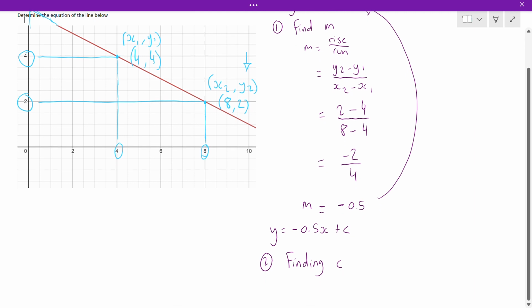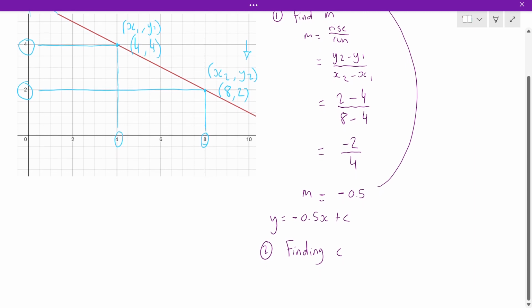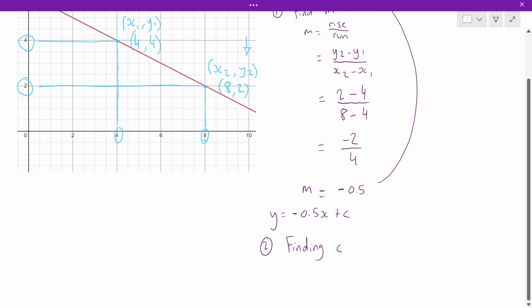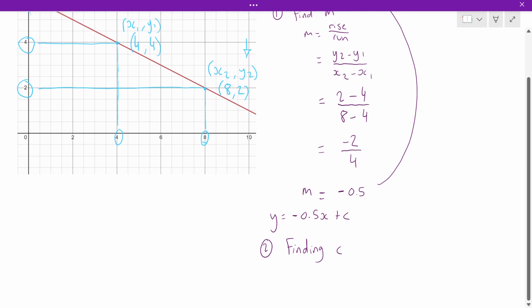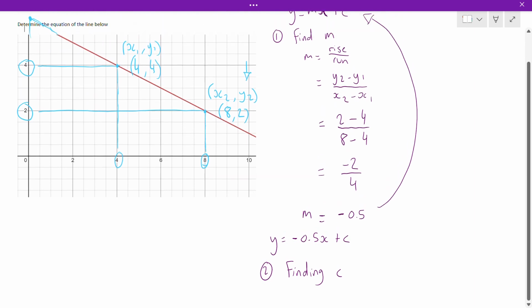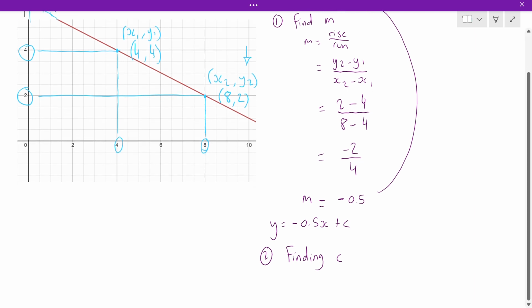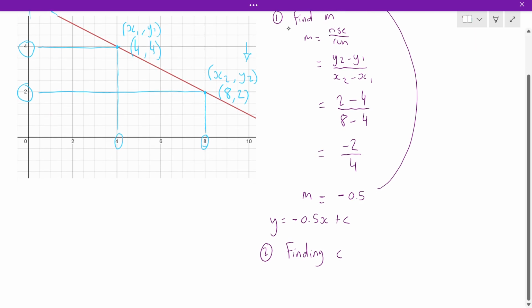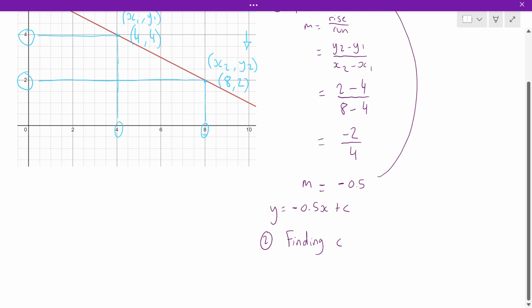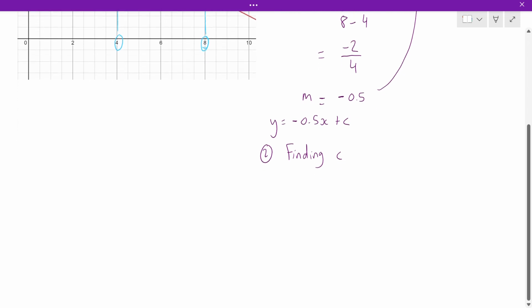We can actually substitute some values in and solve for c so we can get an exact number. So how we do that is we can choose one of these two coordinates, either the (4, 4) or the (8, 2). I might choose the (4, 4) just to keep it nice and simple, and I'm going to substitute that into our equation that we know.